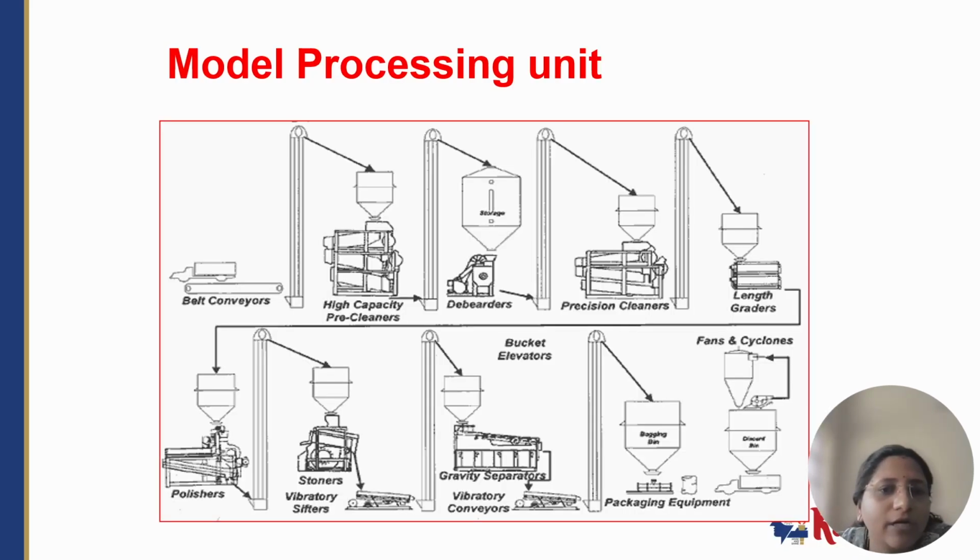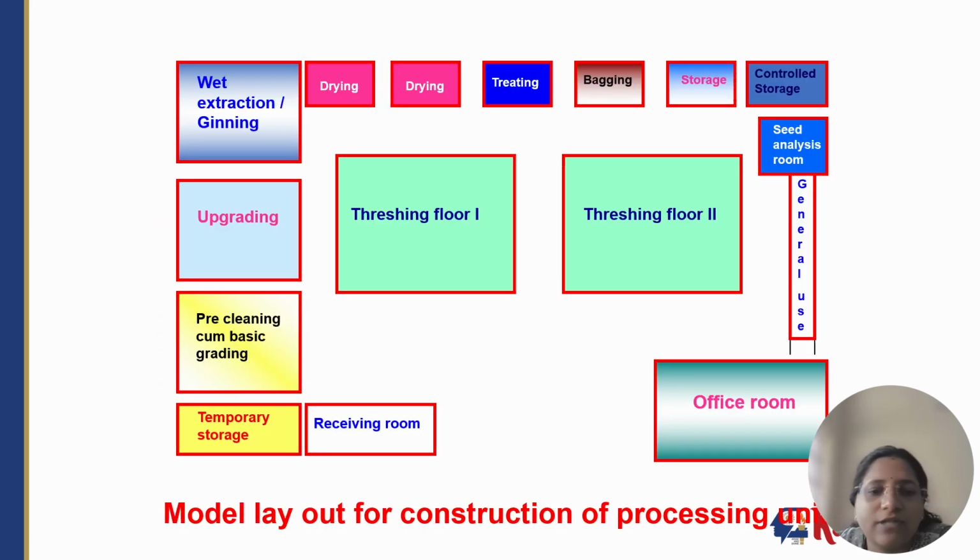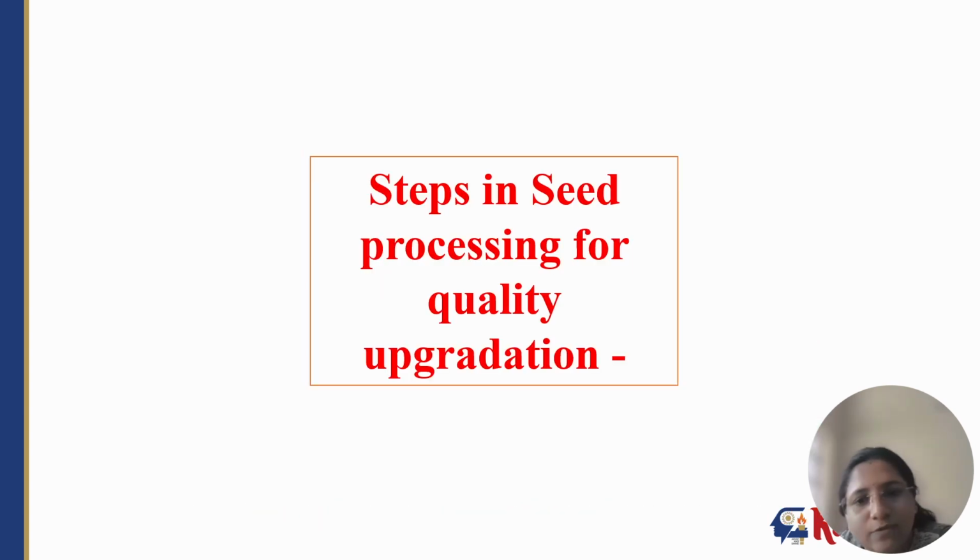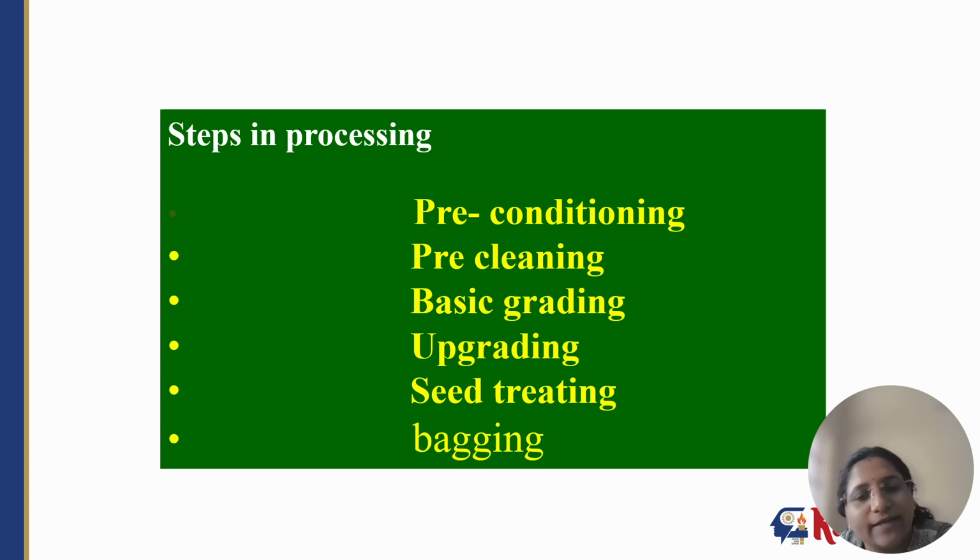This is the model of a processing unit, and this is also the layout for the construction of a processing unit, which can be taken as an example by anybody who wants to become a skilled entrepreneur in seed processing. The steps in seed processing, or the post-harvest method, are finally preconditioning, pre-cleaning, basic upgrading, grading, seed treating and bagging.